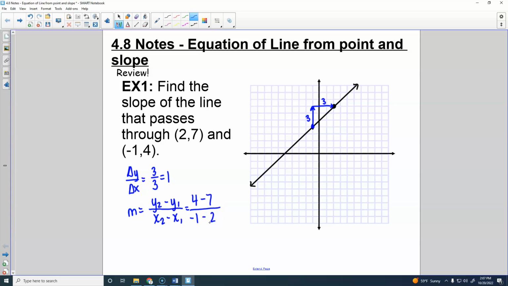Good. So in the numerator, that would give me a negative 3. And the bottom, I would also have a negative 3, which would be a positive 1. So I get the same answer that I got the other way. So 2 different options for doing the same thing here.